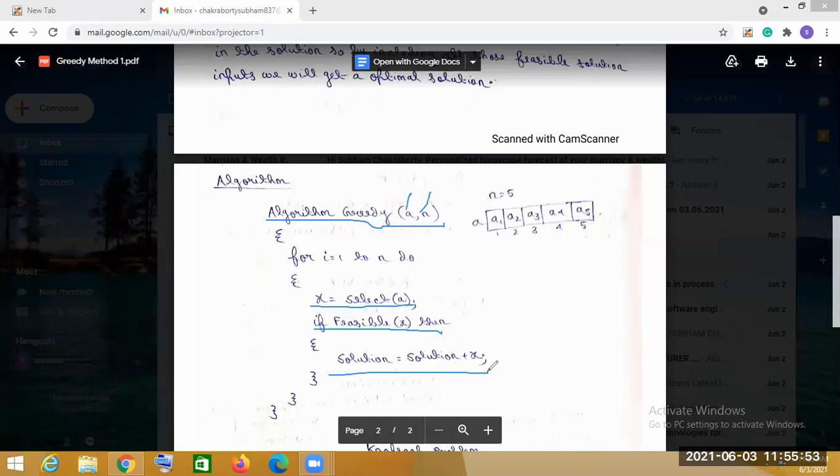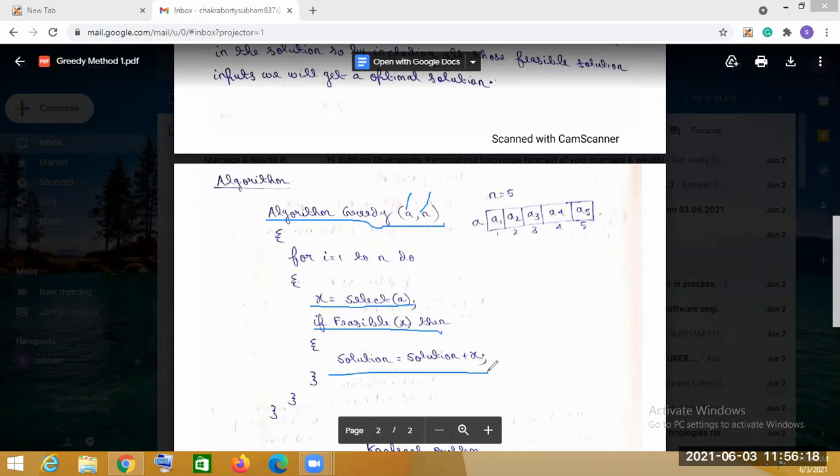So in the array, if there are inputs, we take the inputs and check if the input is feasible. That is, if we solve some problem and get some output, we check that output one by one, whether it is feasible for the constraint we have set.